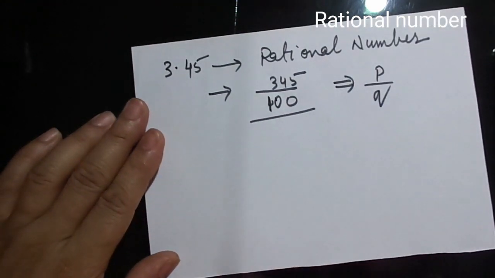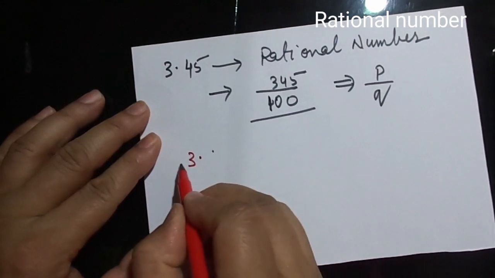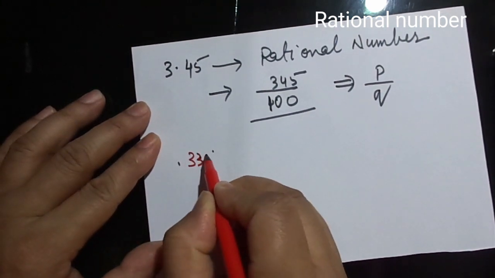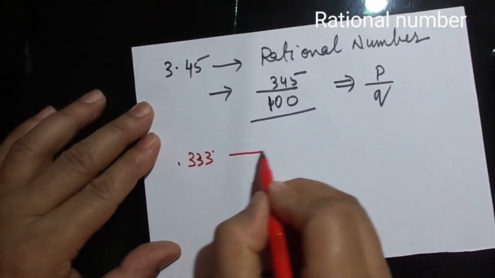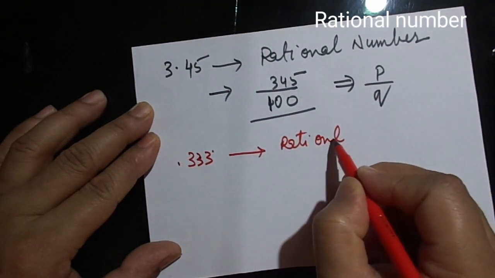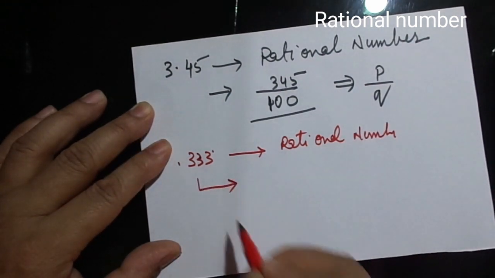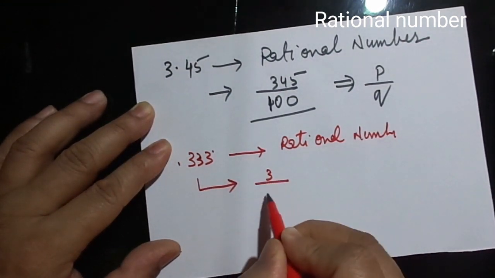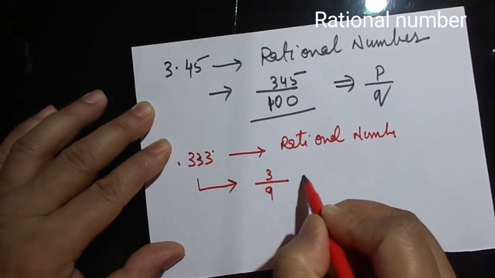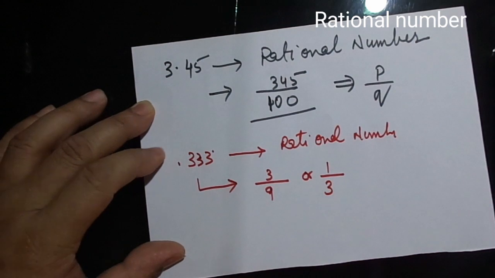Similarly, 0.333 is also a rational number. Why? Because this can be written as 3 by 9 or 1 by 3.